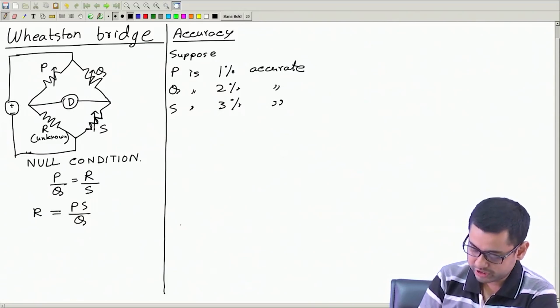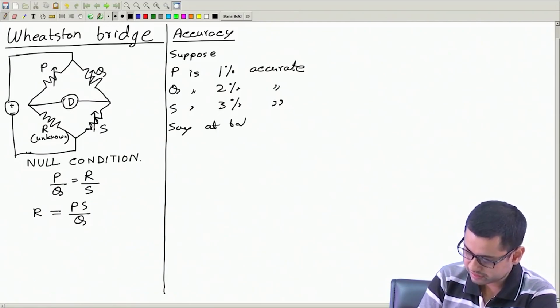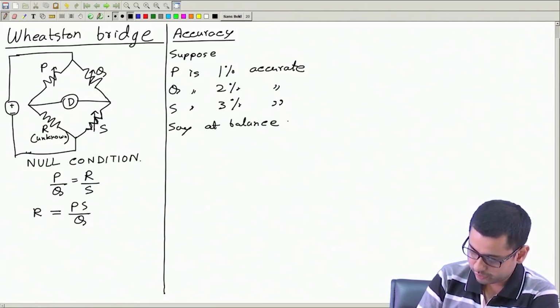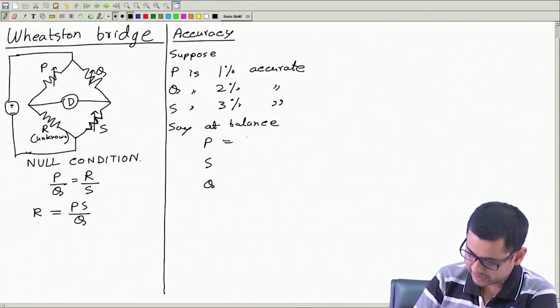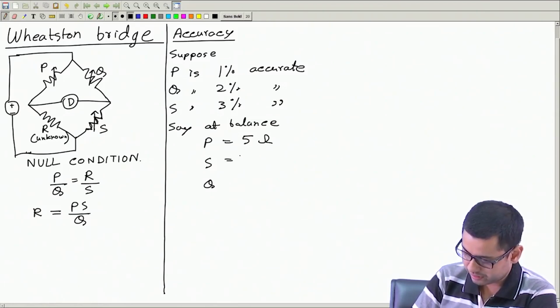Okay. So, if this is the case, and say at balance we observe that the values of P, S and Q are respectively 5 unit, 2 unit and 4 unit.